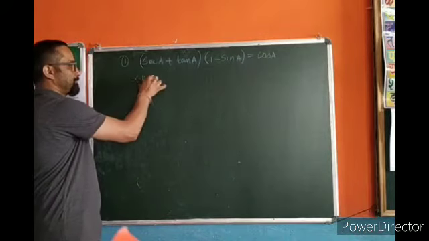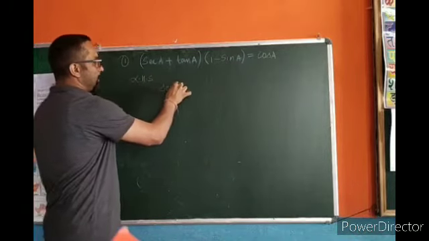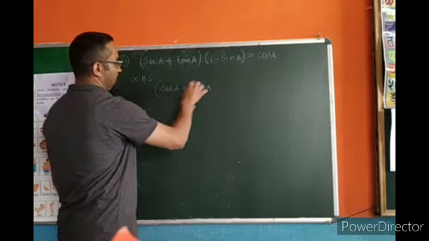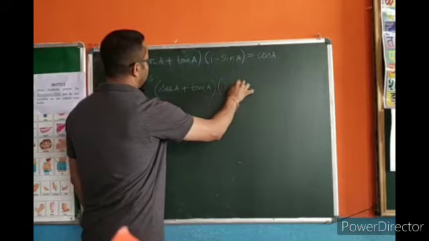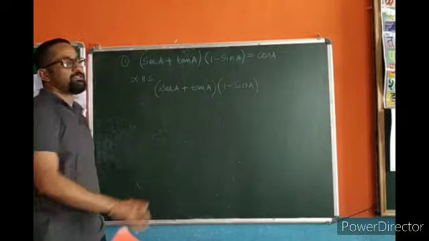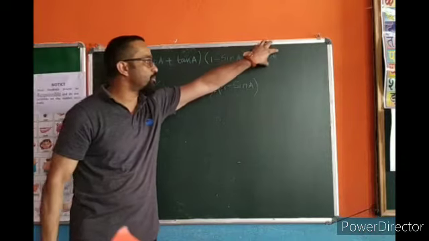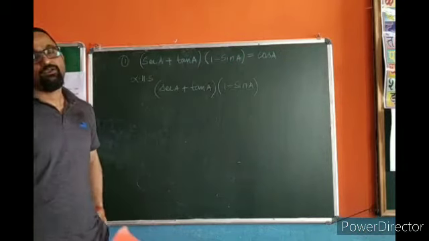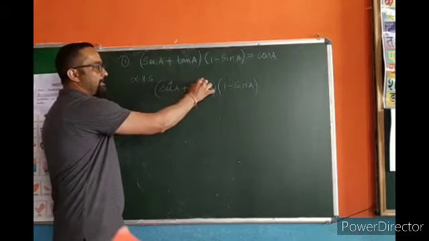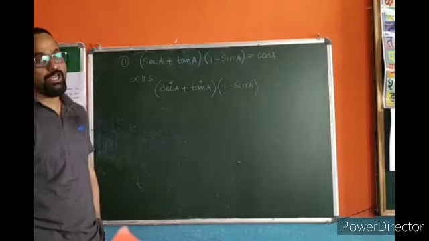Left hand side, (sec A + tan A)(1 − sin A). You need to simplify this left hand side to prove cos A. So what do we do? We have sec and tan. These can be changed.